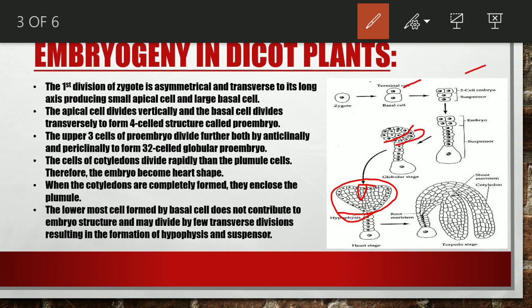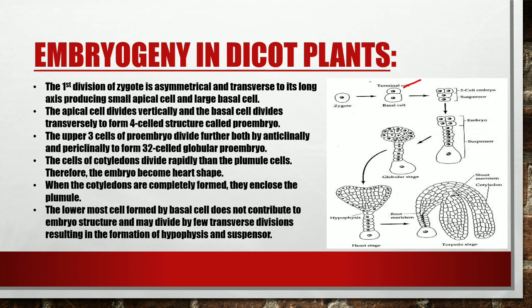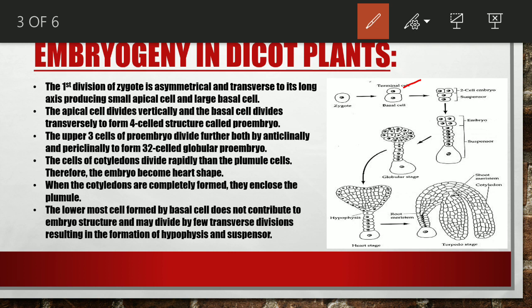When the cotyledons are completely formed, they enclose the plumule at the base, and the plumule is also known as shoot meristem. The basal cell undergoes a series of transverse divisions resulting in the formation of hypophysis and suspensor.